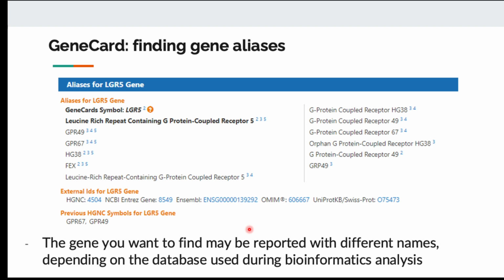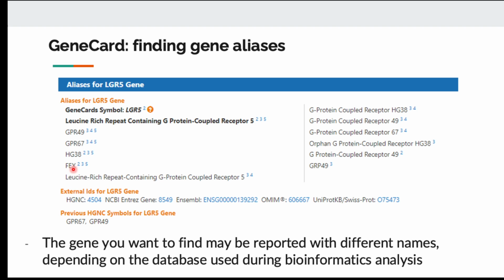It might be that the expression is too low for the RNA-seq to detect. But sometimes it's because each gene can be called by different names. These are called aliases or synonyms for the gene. So for example, LGR5, in some datasets, might be called GPR49. In some datasets, it might be called GPR67. Some datasets might call it FEX.